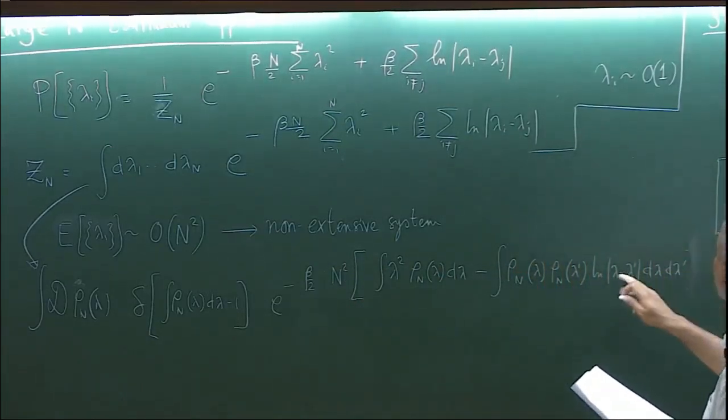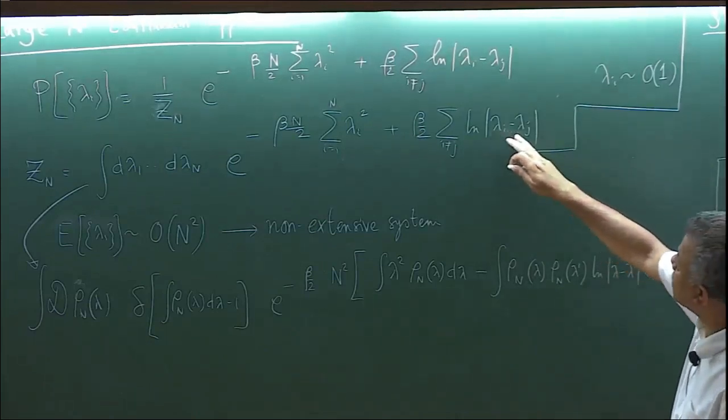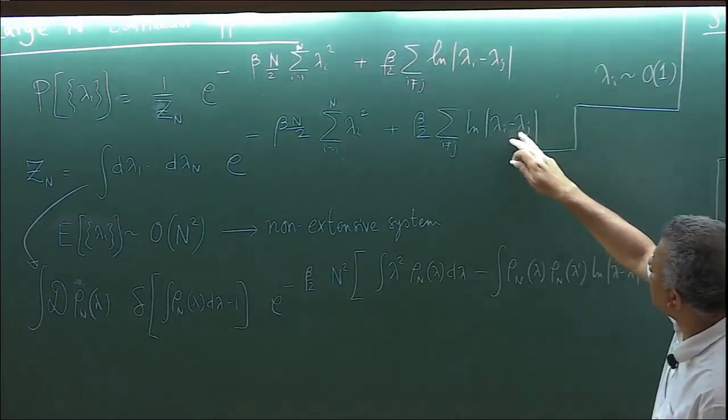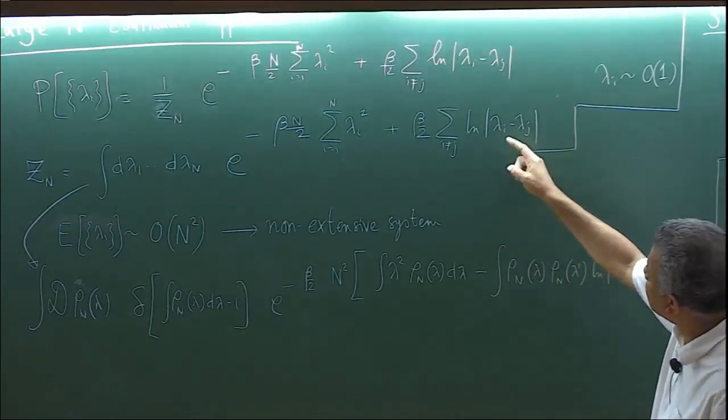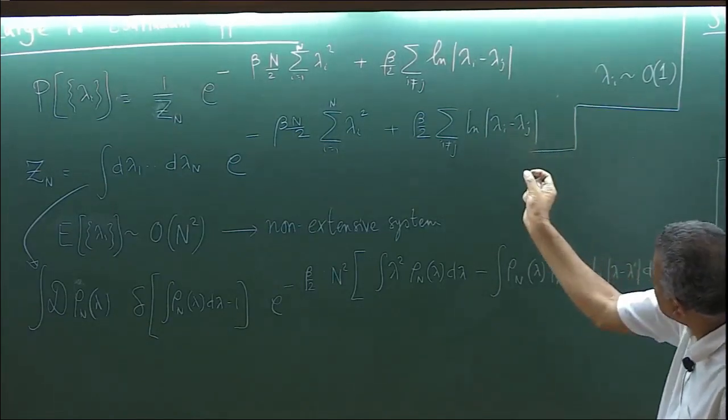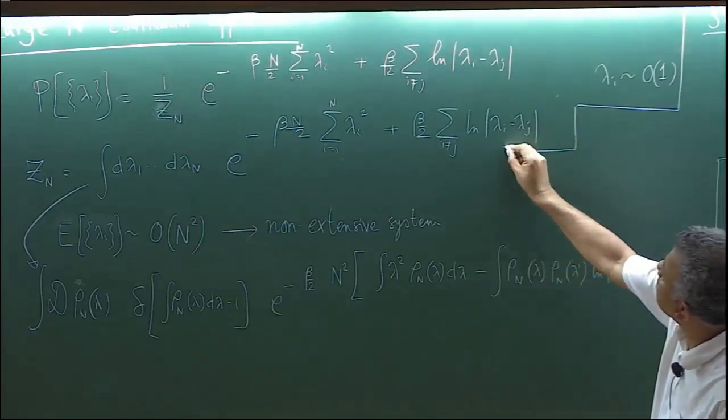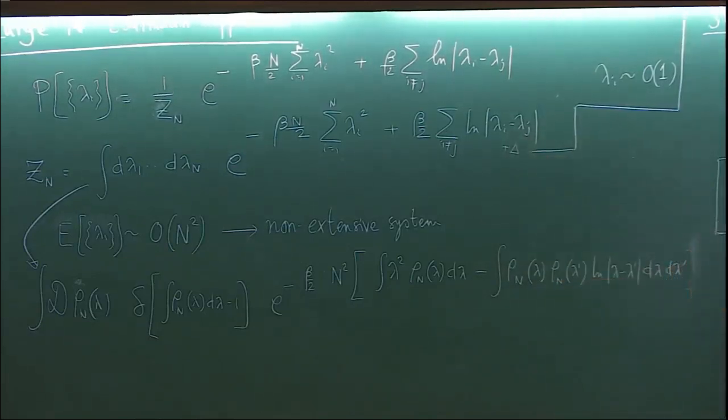When you do this, of course, you have to be a little bit careful, because you cannot put lambda i equal to lambda j, because then it diverges. So there's an implicit cutoff here, that is, two particles can never come on top of each other. You have to think of some epsilon cutoff or delta cutoff, essentially, so that the logs are not very close to each other.